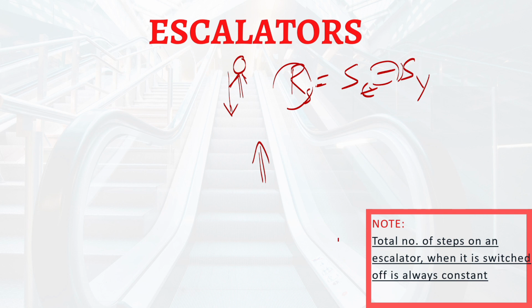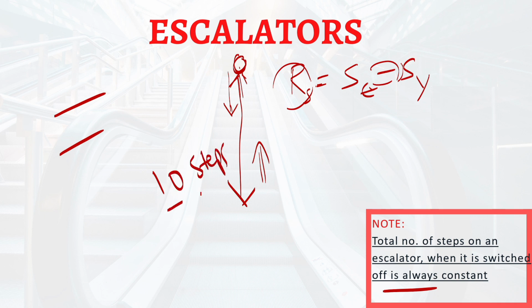But what if the escalator is switched off? Then the total number of steps on the escalator when it is switched off is always constant, right? So in the escalator concept, the total distance is measured by total steps taken, right? See, if you are here and you stepped 10 steps, what's the distance traveled by you? 10 steps.